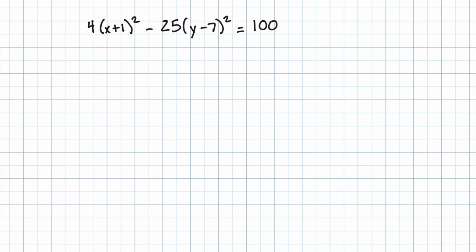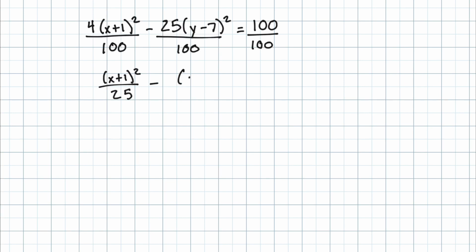It's going to say, hey, what's the hyperbola? I hope this looks familiar from ellipses. Guess what you got to do? Because notice everything always equaled 1. So we're just going to divide by that right side. And then you get (x + 1)² over 25 minus (y − 7)² over 4 equals 1. And lo and behold, you have a hyperbola.